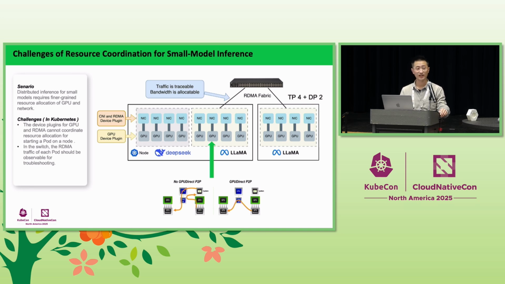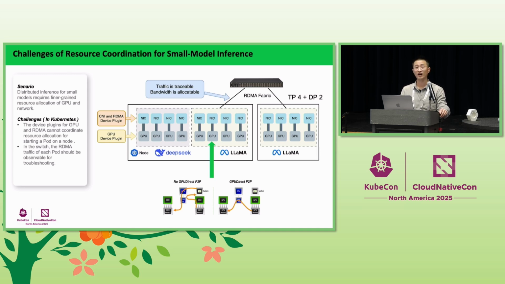To meet these needs, we must solve 2 key issues. First, the device plugins for GPU and RDMA are separate components. When just allocating a subset of GPUs on each node, they don't coordinate the allocation of GPU and RDMA device resources based on PCIe affinity for the GDR.